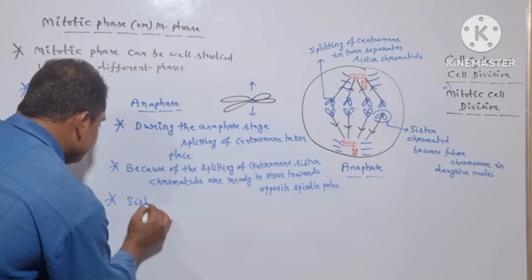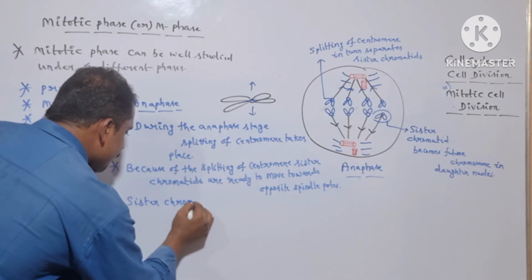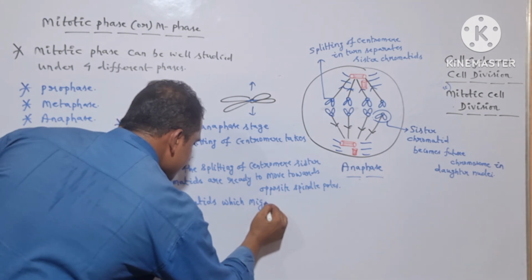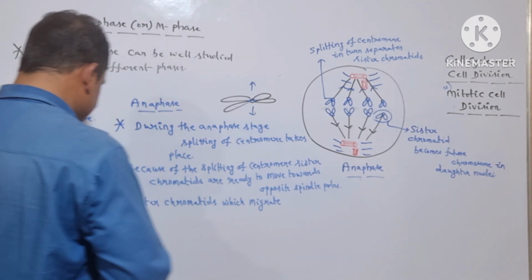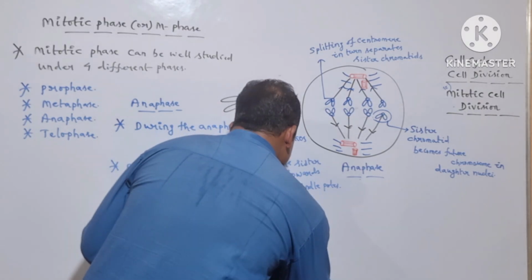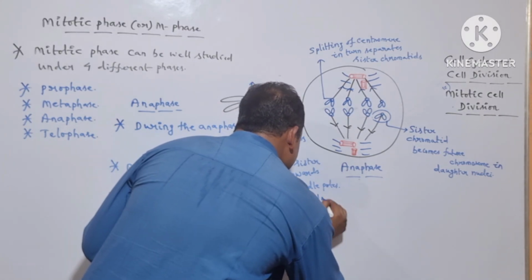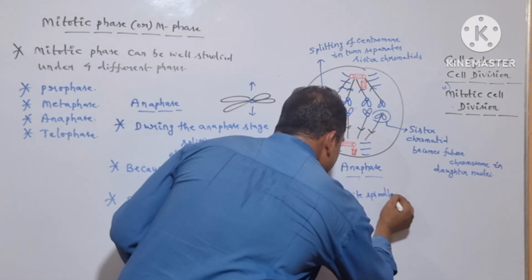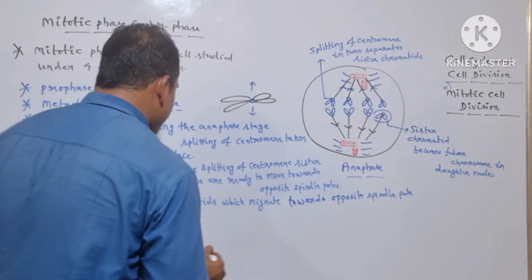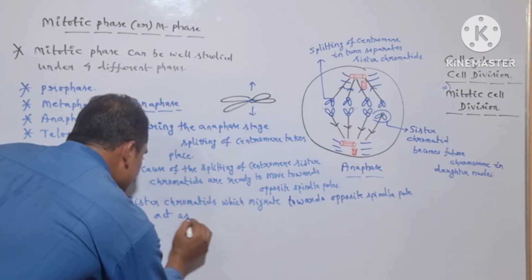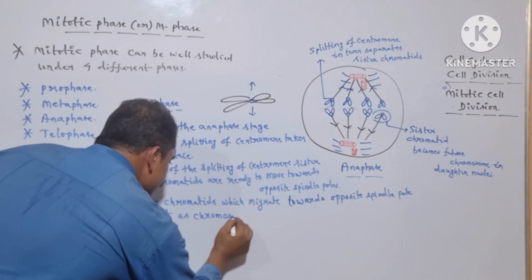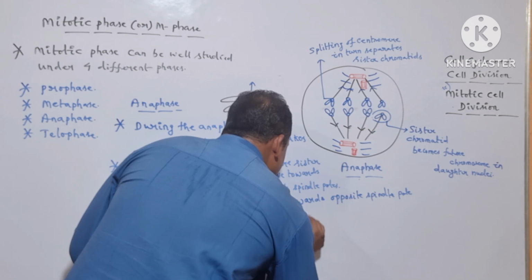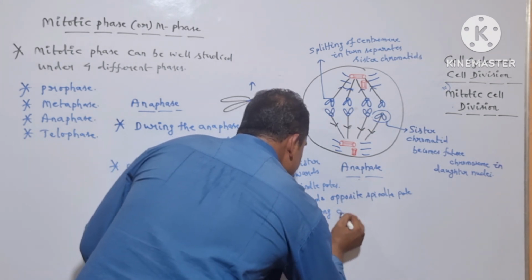Sister chromatids which migrate towards opposite spindle poles act as chromosomes in the upcoming daughter nuclei.